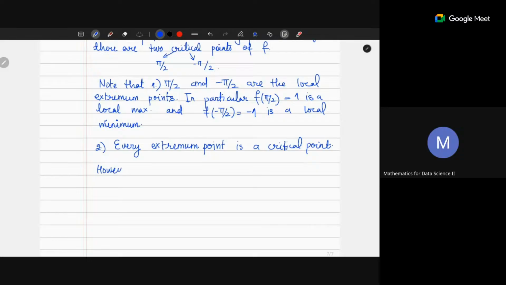However, in the higher dimensional case, a critical point need not be an extremum point.